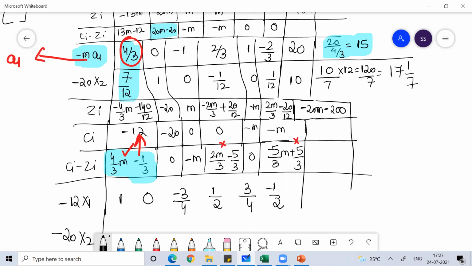And 20 divided by 4 by 3, that will be 15. Clear, everyone? So 4 by 3 is your pivot element.